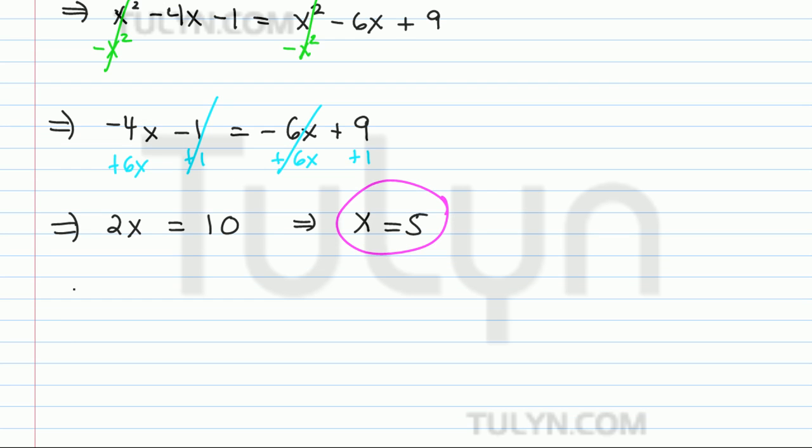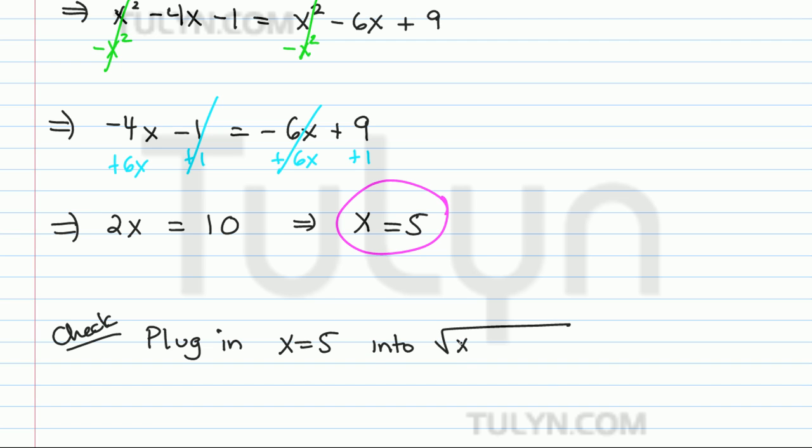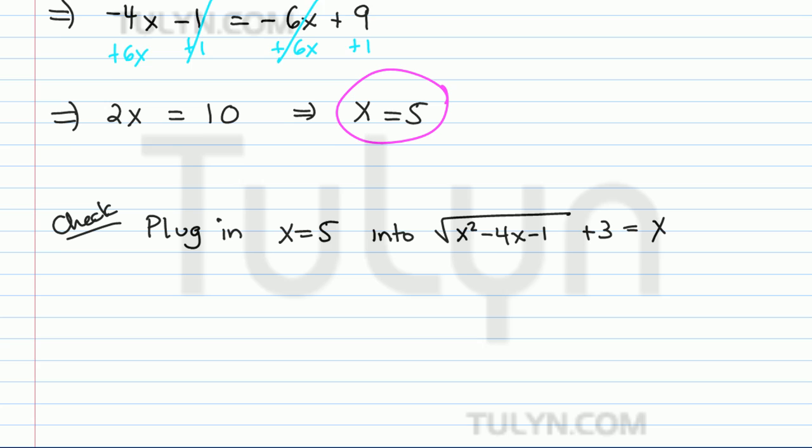So the way we do that is by plugging in x is equal to 5 into the original equation. So the original equation was the square root of x squared minus 4x minus 1 plus 3 is equal to x.